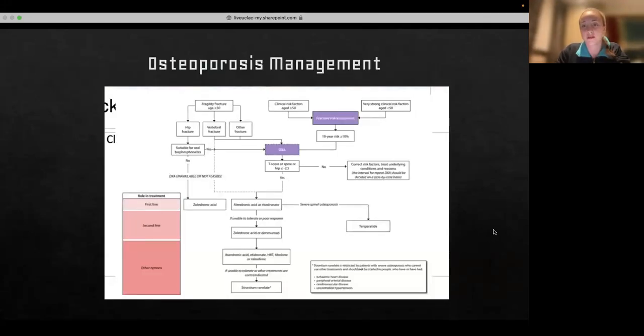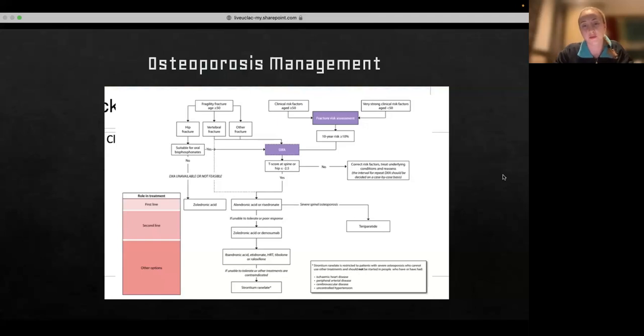Right, and in terms of osteoporosis management, this is quite a good flow chart showing what steps you might take. The first big investigation that would be done is a DEXA scan. If someone can't have a DEXA scan for whatever reason and they have had a fragility fracture, you can give them zoledronic acid, which isn't an oral bisphosphonate.